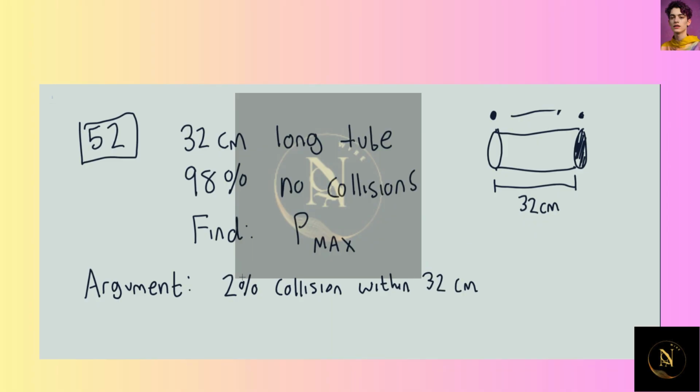If that's true, it must be the case that 50% of the electrons should have a collision 25 times this distance. So to have 50% of them colliding and 50% of them not colliding, we take our 2% figure of 32 centimeters and multiply it by 25.